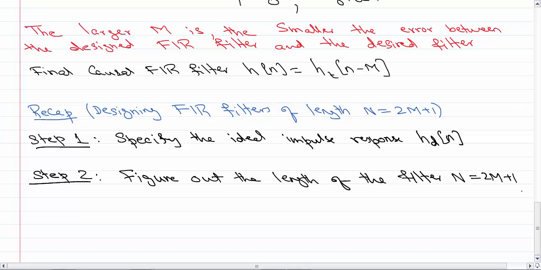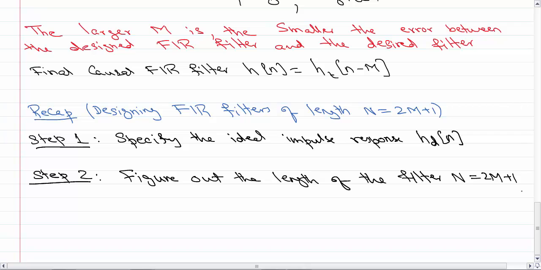Now, how do you figure out the length of the filter? It's a function of how much hardware you have available, because the longer the filter, the more multiplications and additions you have to do, since you are using the convolution formula directly. And as we talked about earlier, the longer the filter, the smaller the error between your desired response and the response you are getting.